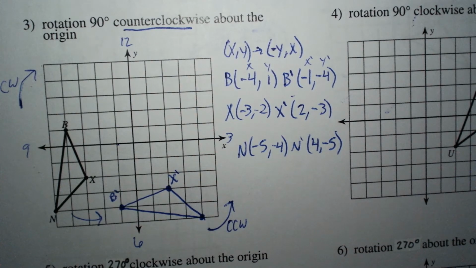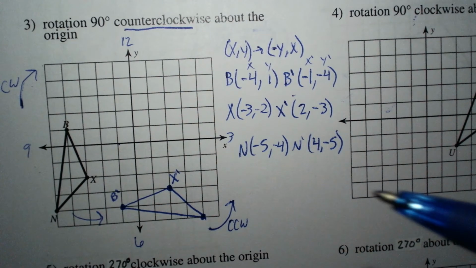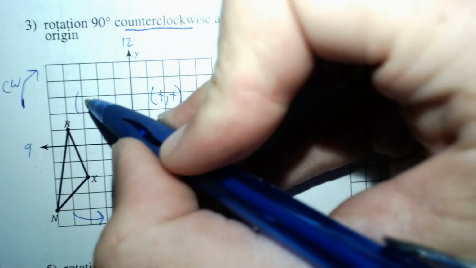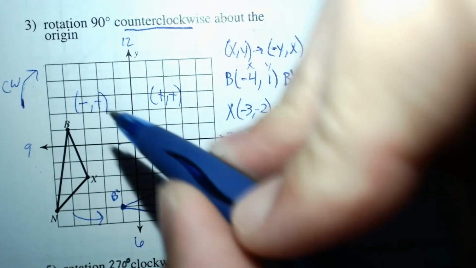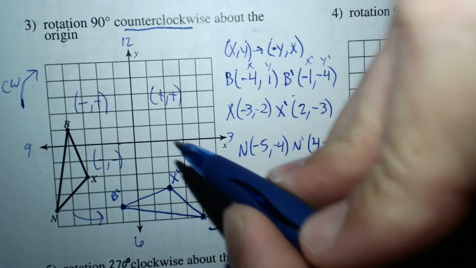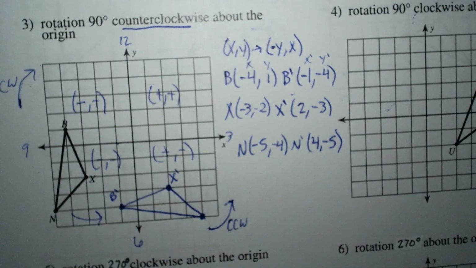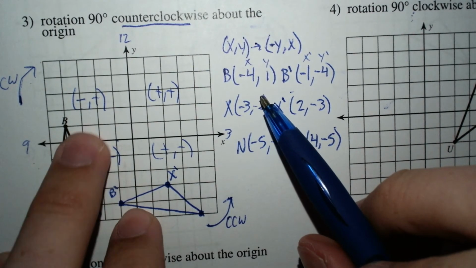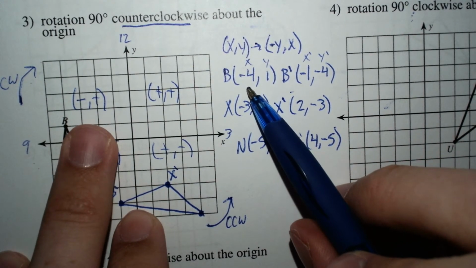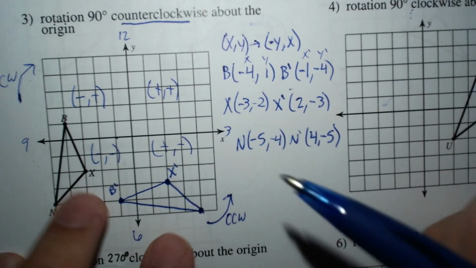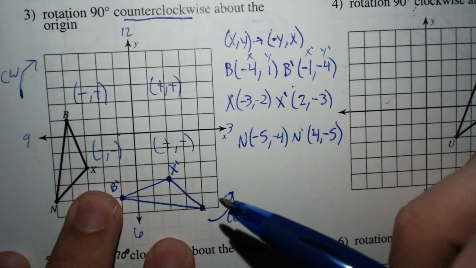Okay, it's very easy to just look at these and figure it out. If you know this quadrant is plus plus, this quadrant is negative plus, this is negative negative, and this is positive negative. So we know B right here was in quadrant 2 to start with because it's negative positive. If we go 90 degrees counterclockwise, that's always going to put it in quadrant 3.